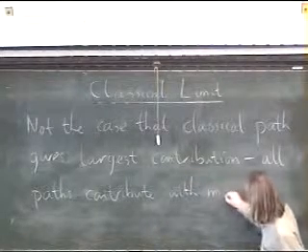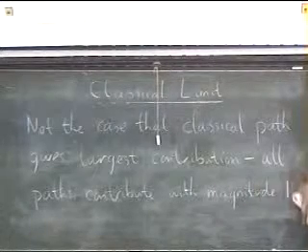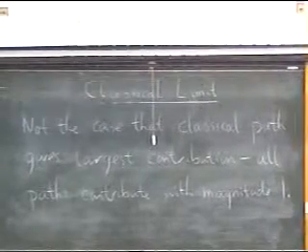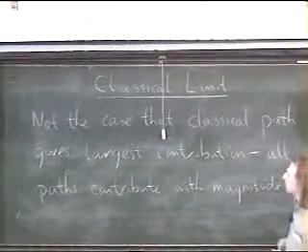So they all contribute with magnitude 1. Or, well, at least with equal magnitude, because obviously there's some overall factor hidden inside what I mean by that sum over paths. But they all contribute equally. So how do we get classical mechanics from that?